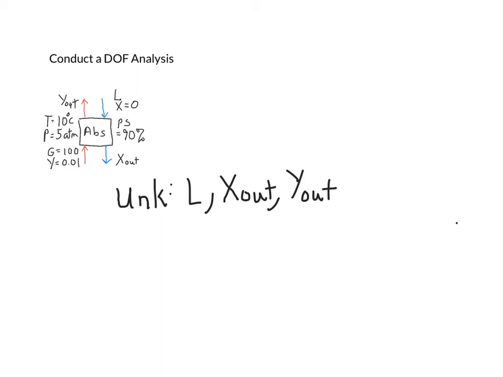If I look at the equations we have available, we have a methanol mole balance. There's no mole balance for the water or the air because we're assuming that they do not change phase.